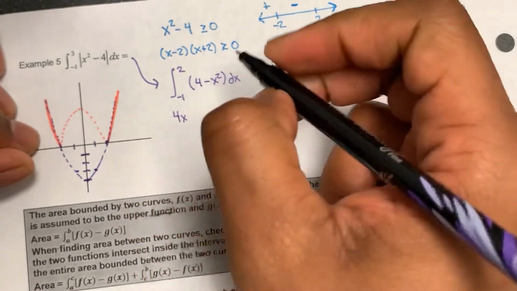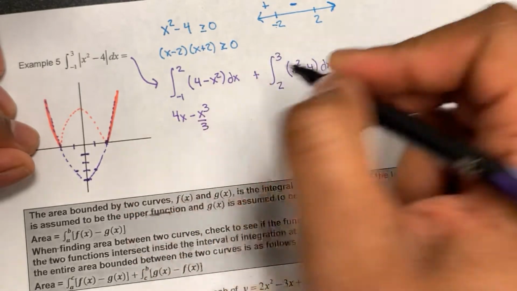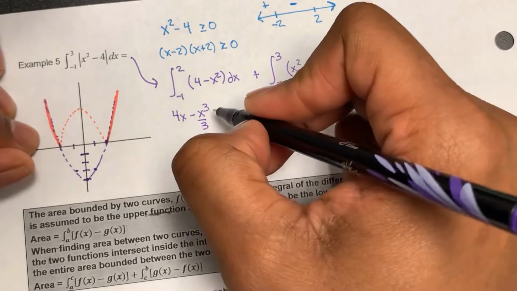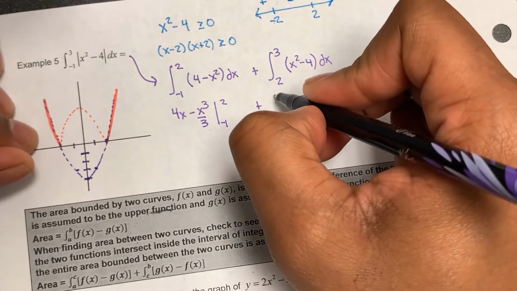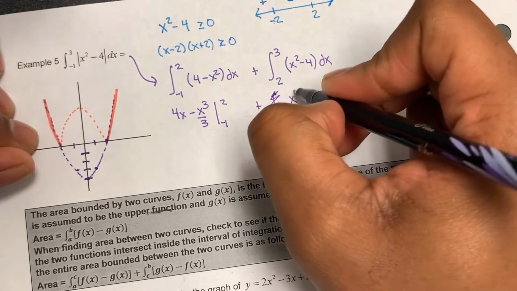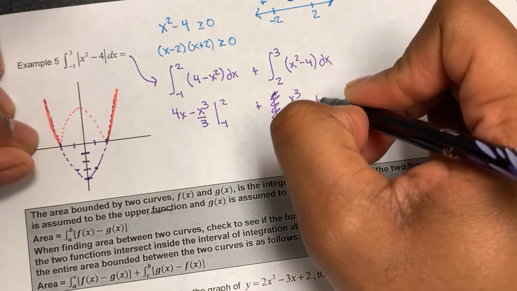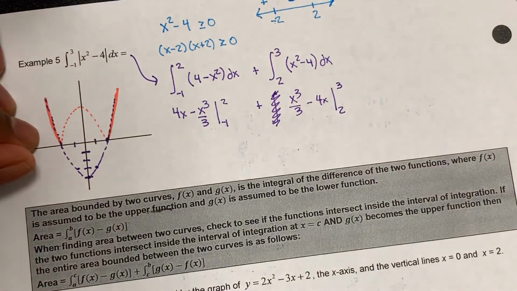We will get 4x minus x cubed over 3, evaluated from -1 to 2, plus the other integral, x cubed over 3 minus 4x, evaluated from 2 to 3.